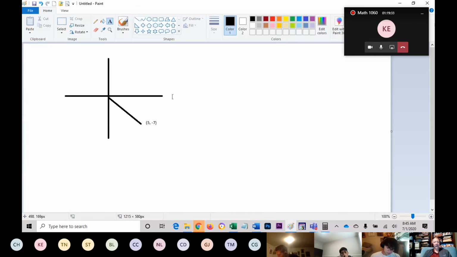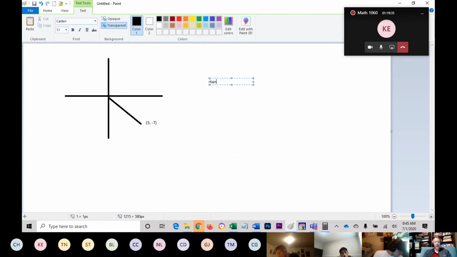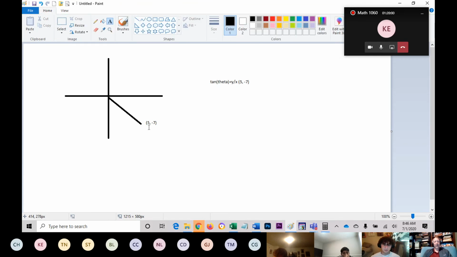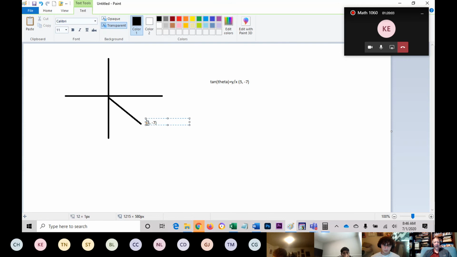So we know that the tangent of theta equals the y coordinate divided by the x coordinate, which in this case equals, so the value we're going to use is (5, -7). So we know that the x value is 5, and the y value is -7.